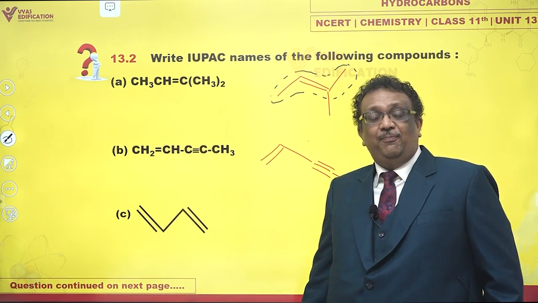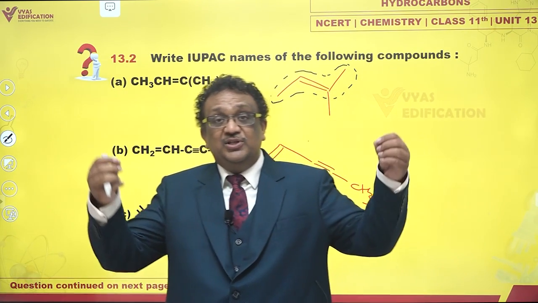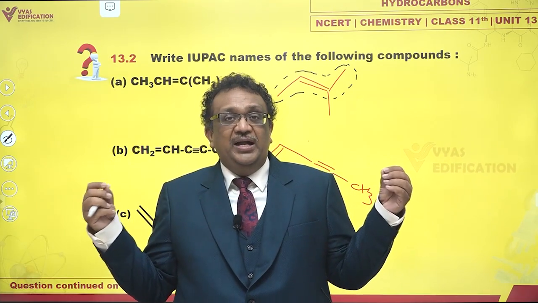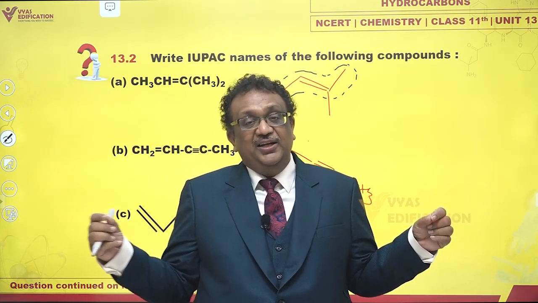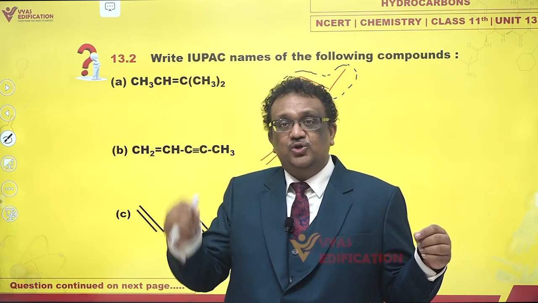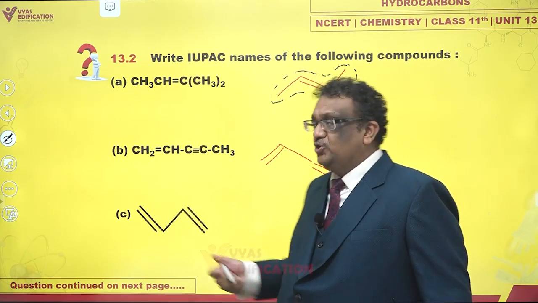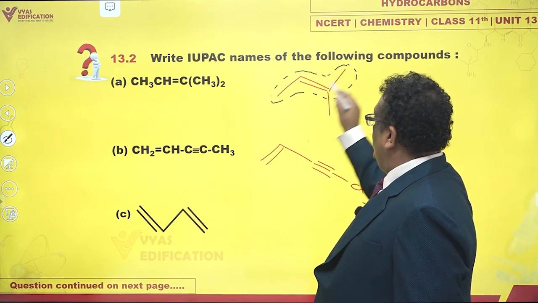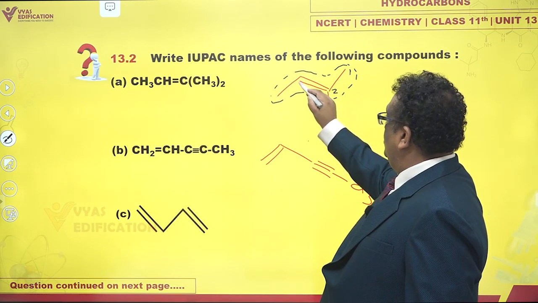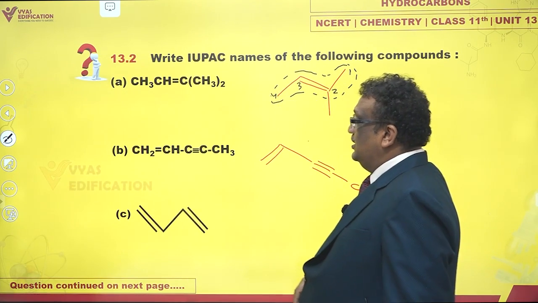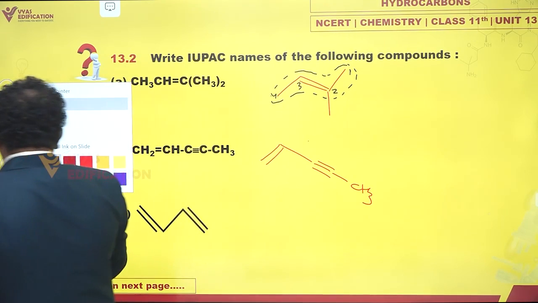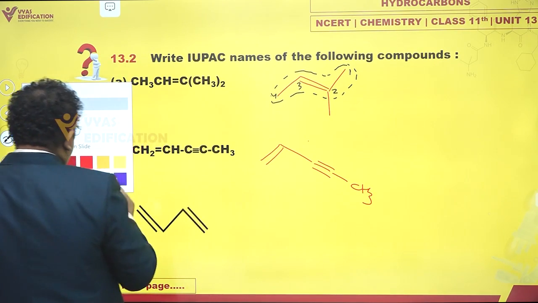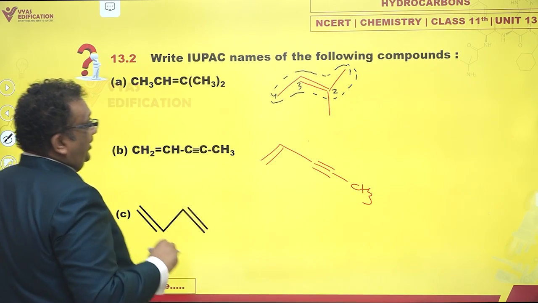Having chosen the longest possible carbon chain, every chain has two ends, and I have to start giving numbers from one end, 1, 2, 3, 4, or opposite 1, 2, 3, 4. This is one way of numbering it, the black way, and there could be a red way.